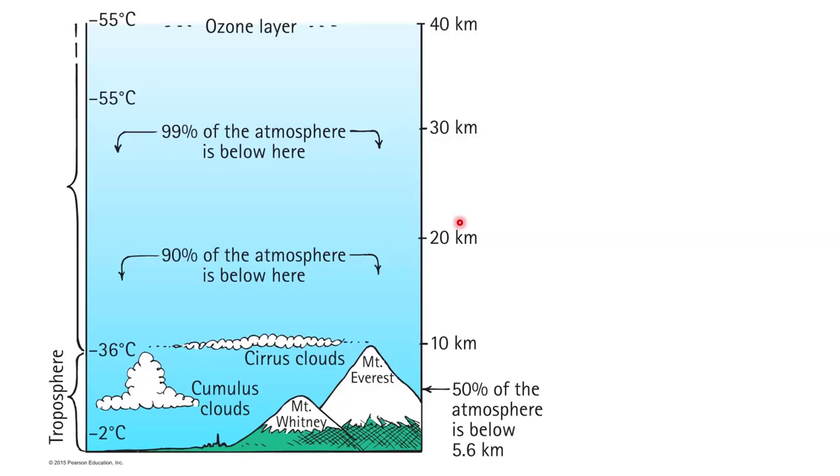Okay, so here's a graph that shows the composition of the atmosphere at certain altitudes. So if you notice, here's Mount Everest. And this line right here is showing that about 5.6 kilometers above sea level, you've already reached a point where 50% of the Earth's atmosphere is below that point.